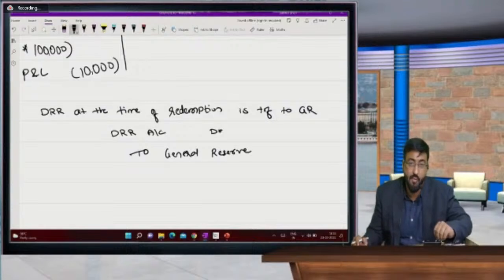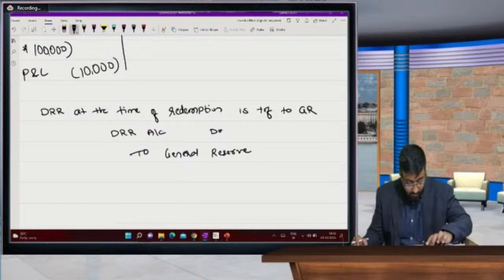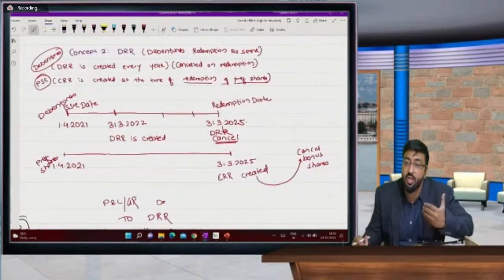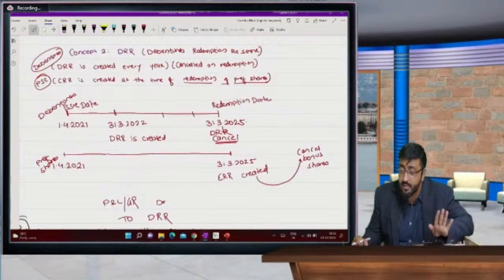Write down. DRR account debit to general reserve. Okay. So DRR, at the time of redemption, is transferred to general reserve. So friends, understand DRR is nothing but a creation from P&L. It is created 10%. Remember, only for unlisted companies. It is created every year.